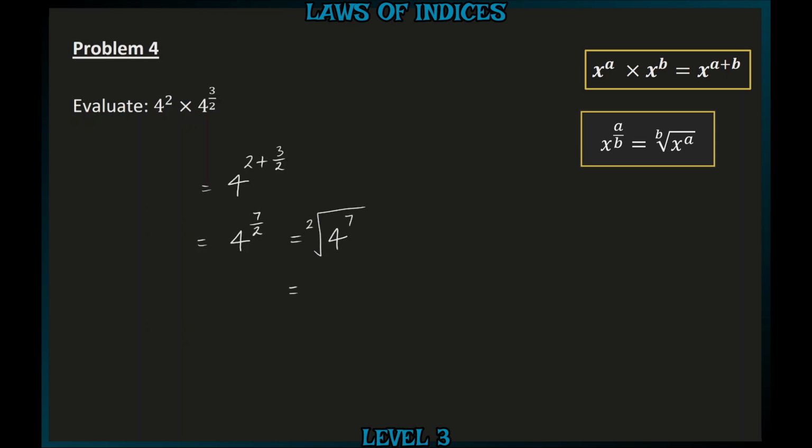Now the square root of 4 is 2, so this becomes 2, still with a power of 7 on it, and 2 to the power of 7, which is 2 times 2 times 2 times 2 times 2 times 2 times 2, is 128. So our final answer for problem 4 is 128.